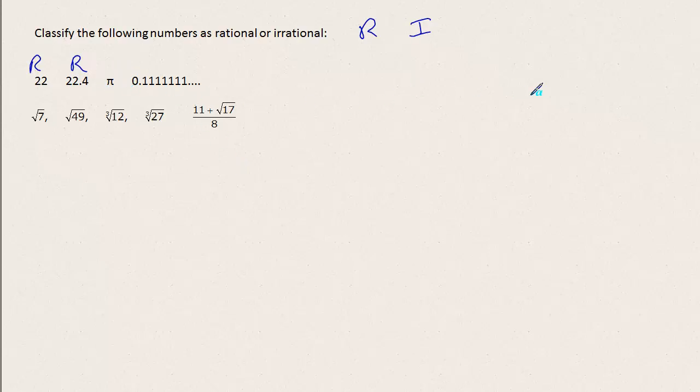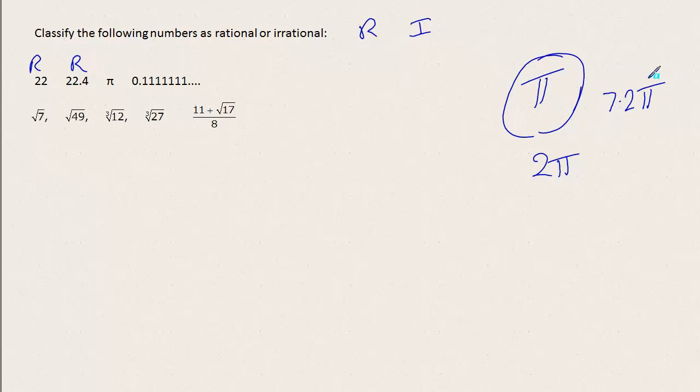Now pi is one that you really need to know about. Pi is an irrational number. It's not a surd because it's not a square root or a cube root or any of that type of thing, but it is an irrational number. So make sure that you note that fact. Pi is an irrational number, and so would anything times it, like 2 pi or 7.2 pi.